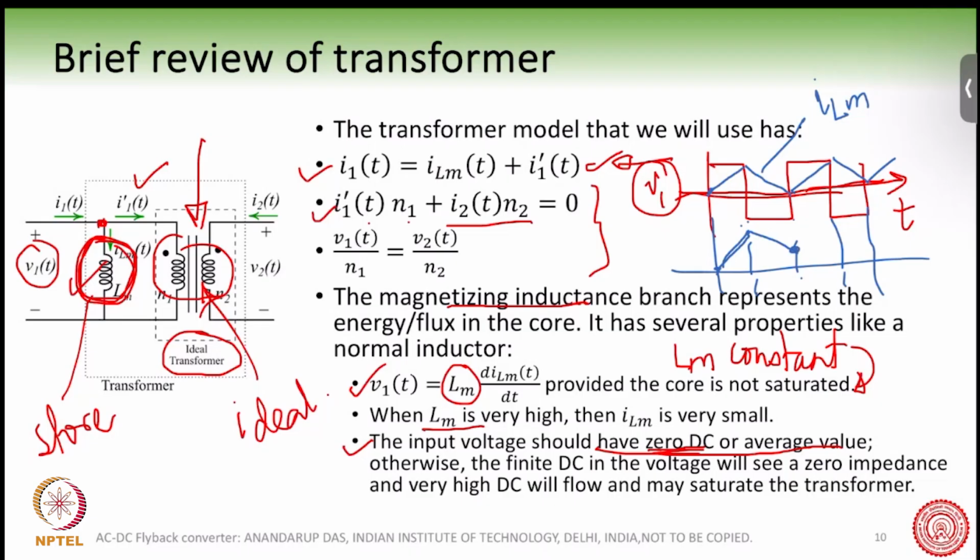The next time the positive voltage comes, it will again rise but not come back to zero, like this.